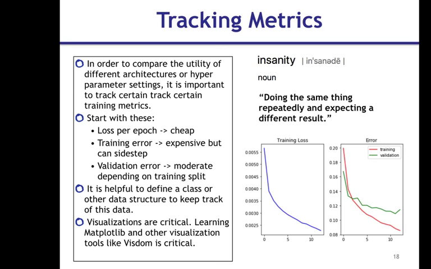Do you have a question? Does anyone use the gradient norm to track the metrics? Yeah, you can track the gradient norm. Will it be helpful to track the magnitude of the gradients?